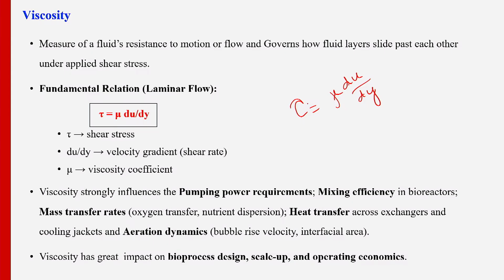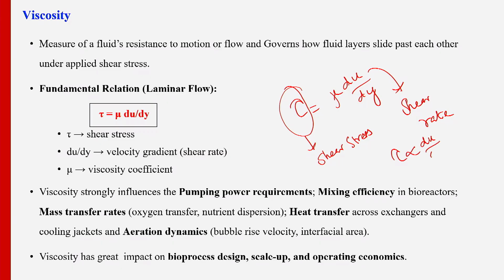Here tau is the shear stress, and du by dy is the velocity gradient, or shear rate. Normally this equation is tau proportional to du by dy only.